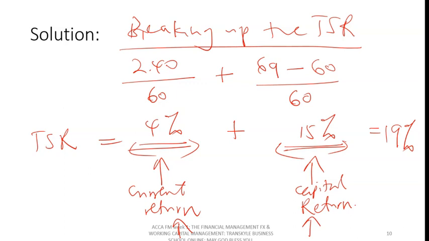All right. Now let us look at the discourse between wealth and profit maximization. Why is it that the overall objective of financial management is to have wealth maximization at the core instead of profit maximization?